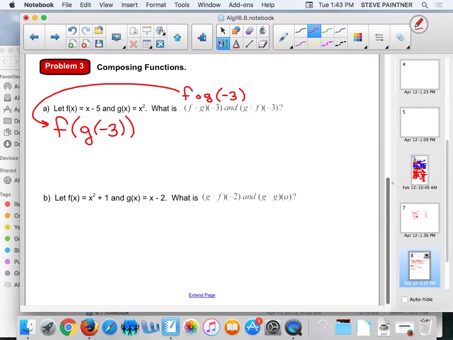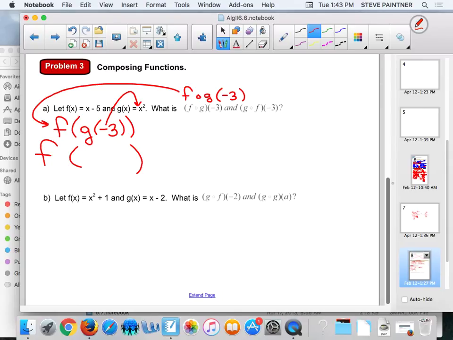You have to do it twice. You get an answer, then you get another answer. The first time you do it, you stick negative 3 in for function g, which is right there, by the way. So what's g of negative 3? g is x squared.